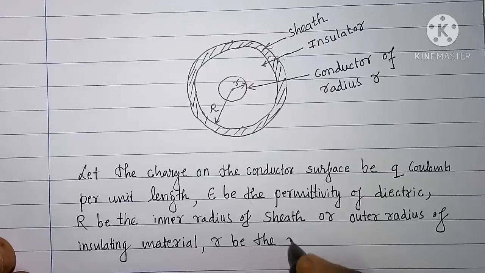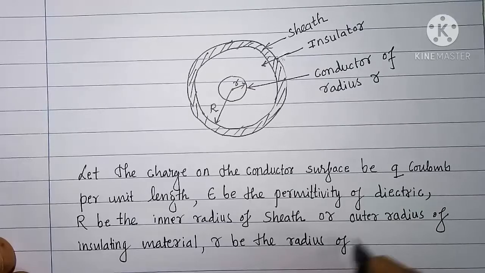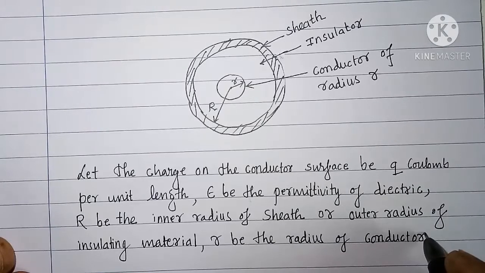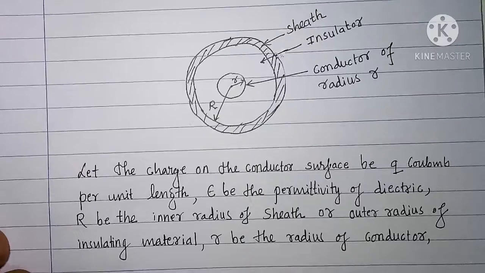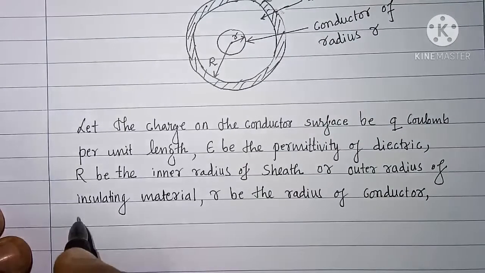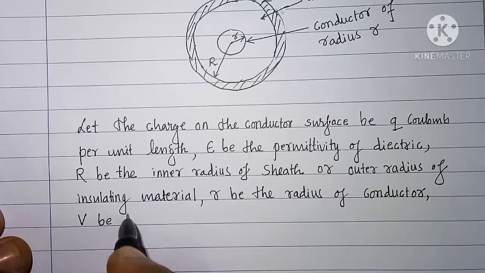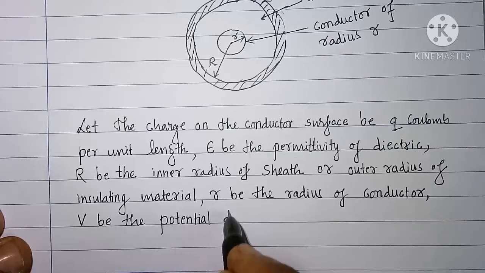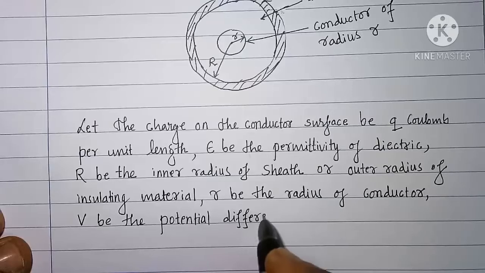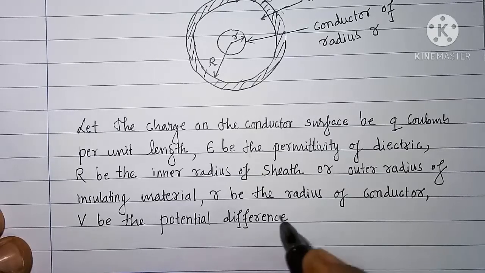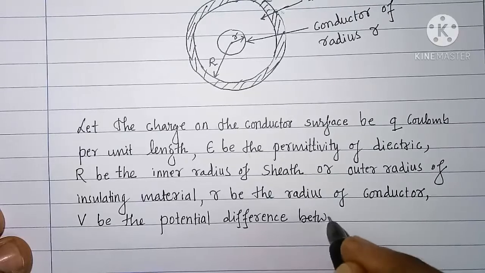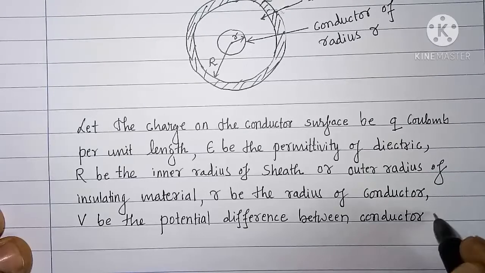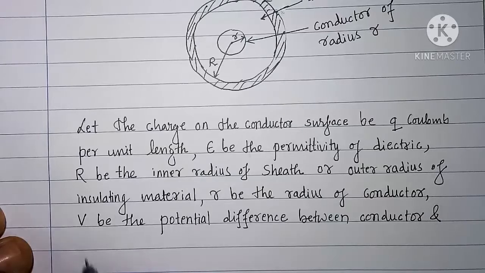Small r be the radius of conductor. V be the potential difference between conductor and sheath.